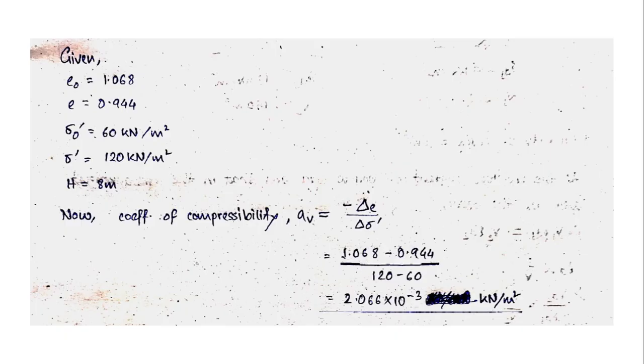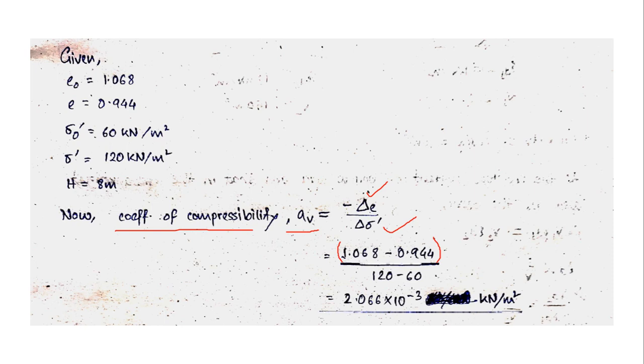Now see, the main intention of me making this video is that most of you were making a peculiar mistake when calculating av. You write that the coefficient of compressibility, or av, is minus delta e by delta sigma dash, but immediately in the second step there is no negative sign. You simply write initial void ratio minus final void ratio.